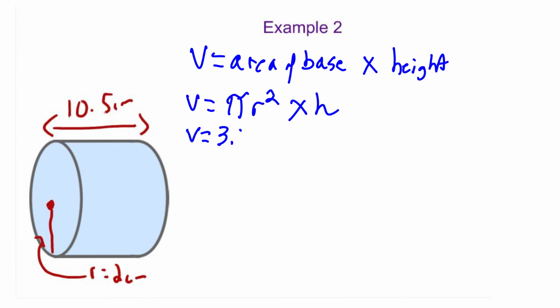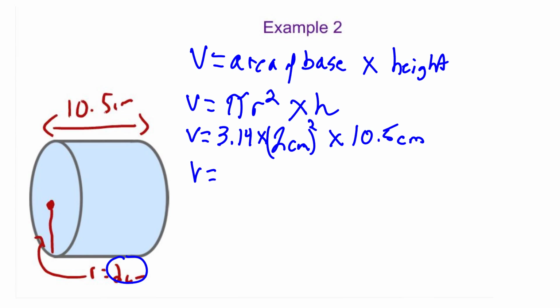We know pi is 3.14 multiplied by the radius squared, while our radius here is 2. So 2 centimeters squared multiplied by our height, which is 10.5 centimeters. Well, volume equals, we can keep working down, 3.14 times, well, 2 centimeters, which is the radius squared, is 2 times 2, which gives us 4 centimeters squared multiplied by our height, because we haven't used it yet.